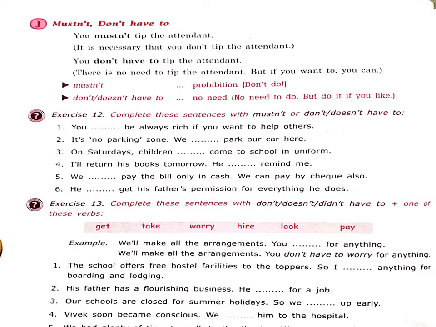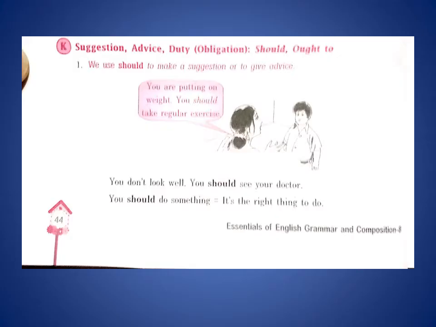Let's go to next. Suggestion, advice, duty, obligation: should, ought to. We use should to make a suggestion, to give advice. You are putting on weight, you should take regular exercise.